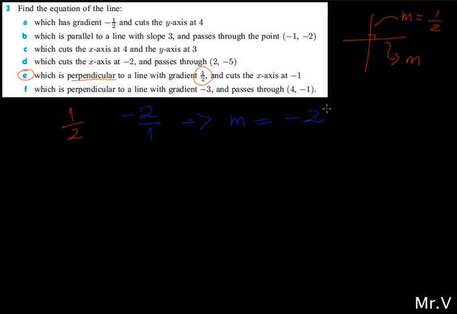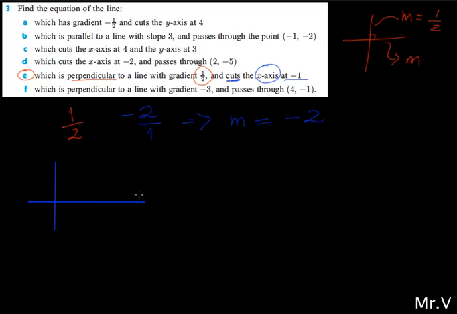And they're telling me that my line cuts the x-axis where? At the point -1. So in my graph, if I know a point, here they're giving me a point that belongs to the line, that goes through the line, and that point says that it cuts the x-axis.